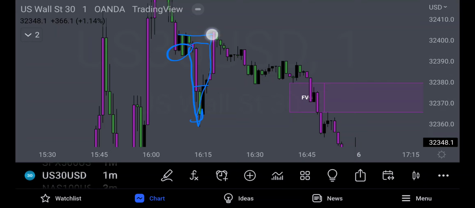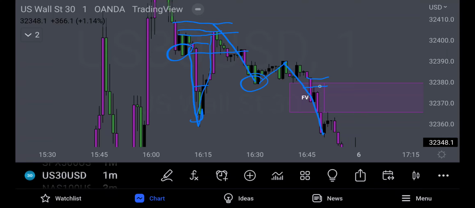which would be here. Tapped into that FVG here on the 1-minute. Started trading lower. Created another intermediate low. Came up, we broke it with a fair value gap.